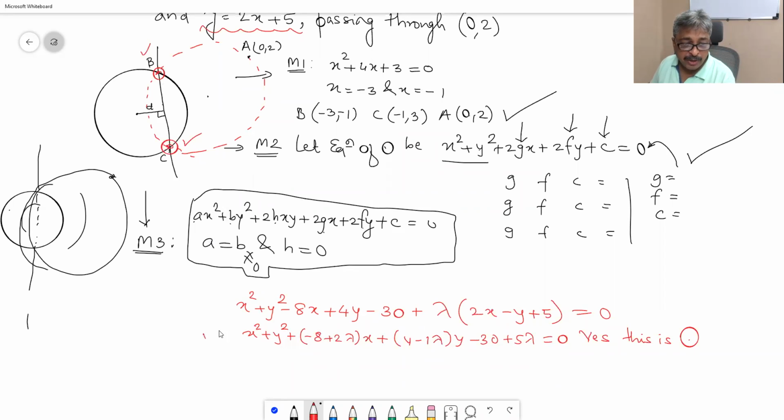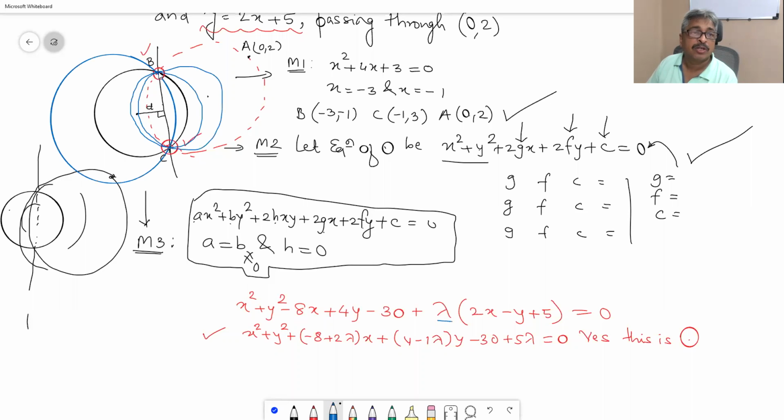So this is the equation of a circle, or it is the equation of a family of circles. How will that family look? Will we get this circle by some value of lambda? Yes. For some other value of lambda, will we get this circle? Yes. So how many such circles are possible? Infinitely many.